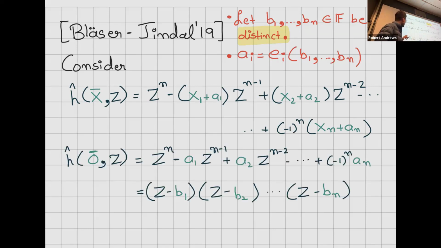Now notice that if I evaluate H hat at x equal to 0, its roots will be B1, B2 up to Bn. And since B1, B2, Bn were taken to be distinct, this will be square free. And once it's square free, we can talk about power series roots of this, and it's nicer to work with.